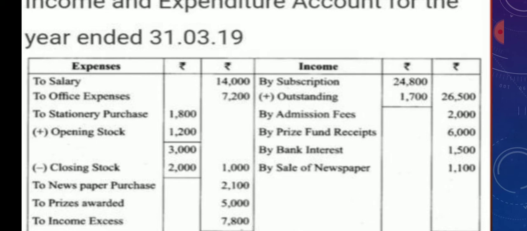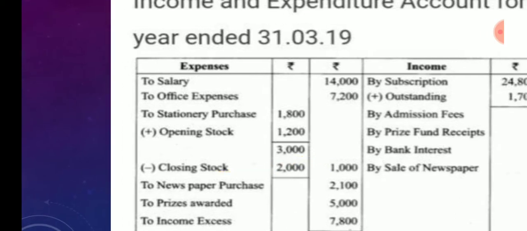By bank interest 1,500. By sale of newspaper 1,100. And then expenses side, to salary 14,000. To office expenses 7,200.